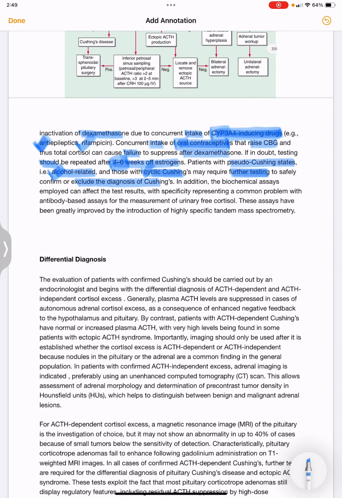In addition, the biochemical assays employed can affect the test results, with specificity representing a common problem with antibody based assays for the measurement of urinary free cortisol.